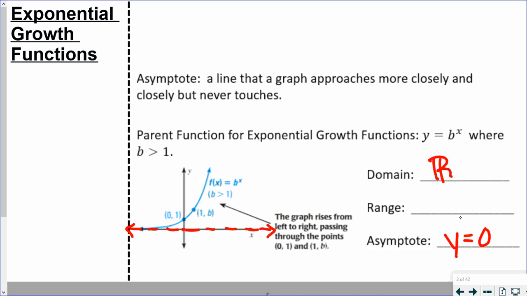The range will always match the y and whatever this asymptote number is, which in this case is 0. It's going to be y is greater than 0 because we're using all the y values above the asymptote. If we're using the values below, like if this was flipped and reflected over the x-axis, then it would be y is less than 0. We're not going to put equal to 0 because it never touches. That's the asymptote. It gets closer and closer but never touches.